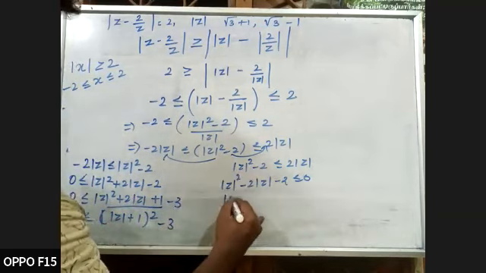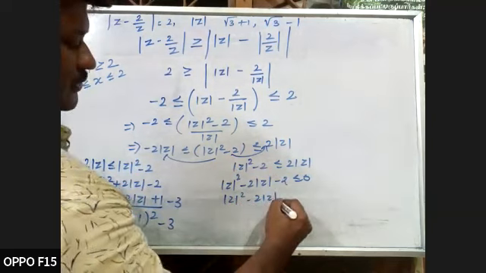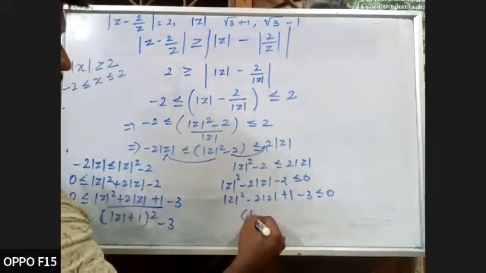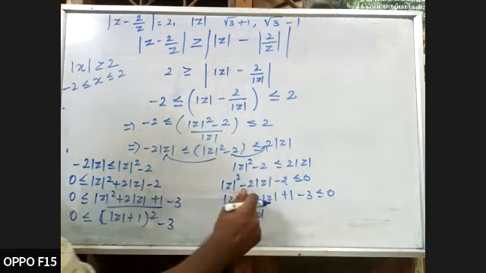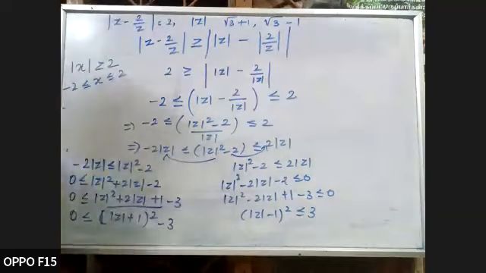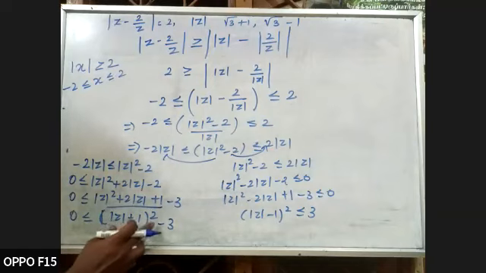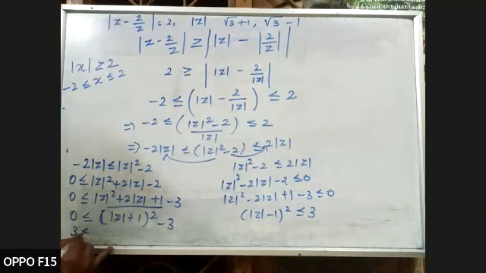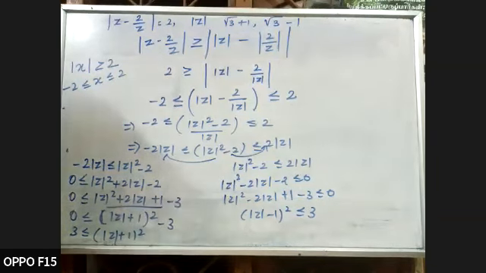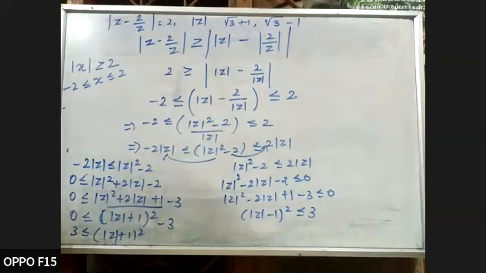Similarly on the other side we get modulus of z minus 1 the whole square less than or equal to 3. So there are two things: modulus of z minus 1 the whole square is less than or equal to 3, and modulus of z plus 1 the whole square is greater than or equal to 3.